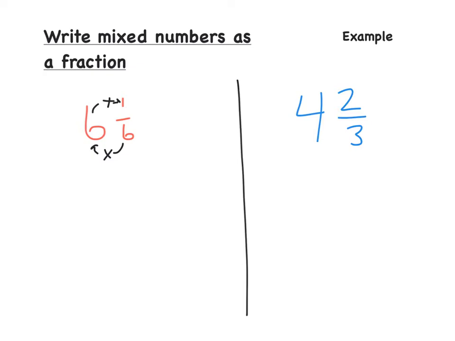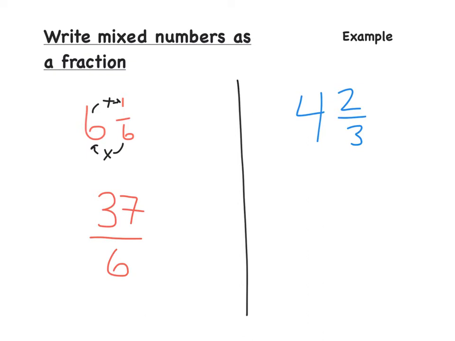So 6 times 6 is 36, plus 1 is 37. Now we take whatever the denominator was, and we put that down at the bottom. So 6 1/6 is the same as 37/6.